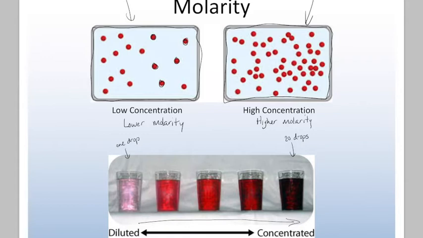The one all the way on the left, our most dilute, is just barely pink, whereas the one all the way on the right is incredibly concentrated with that red color. Likewise, the same idea applies to the molarity value. This would have a low big M molarity, and this would have a high big M molarity.